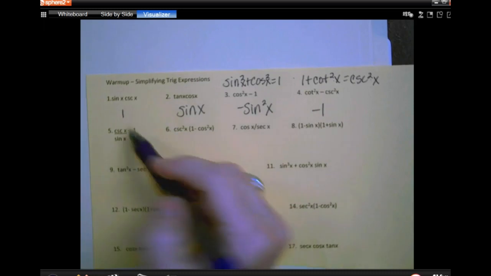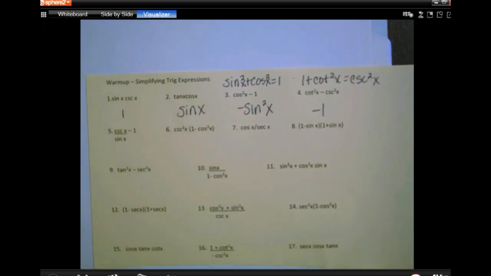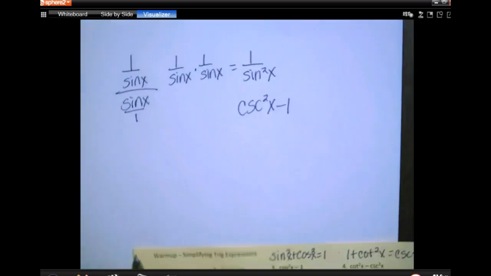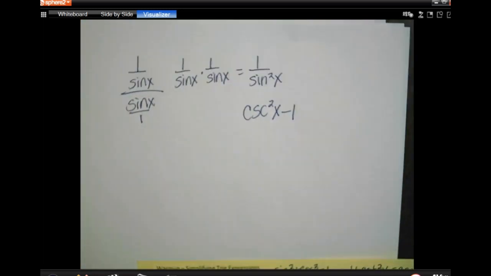So you have to simplify, right? What is cosecant? It's 1 over sine, and it's divided by sine of x, which is right here. So when you divide by sine of x, you have to flip and multiply, which gives you 1 over sine squared, which is cosecant squared, and then you still have a minus 1 in the problem.